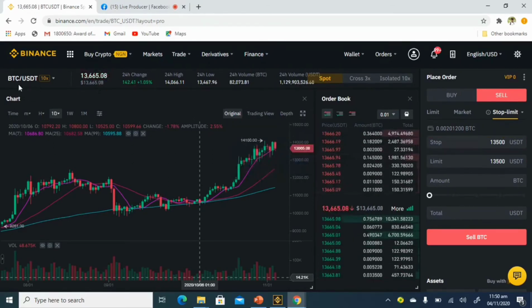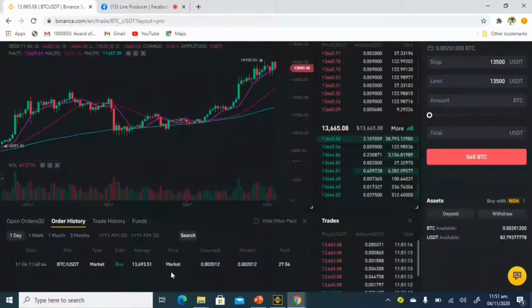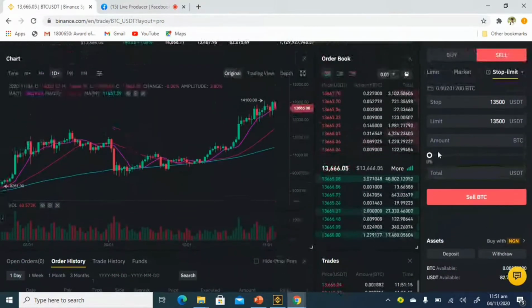When the value of Bitcoin in USDT drops to 13,500, I want Binance, the platform, to quickly place a sell order for me, so it sells my Bitcoin for me.